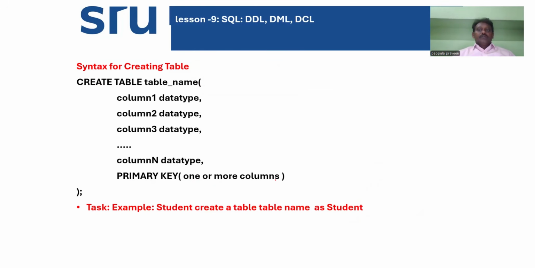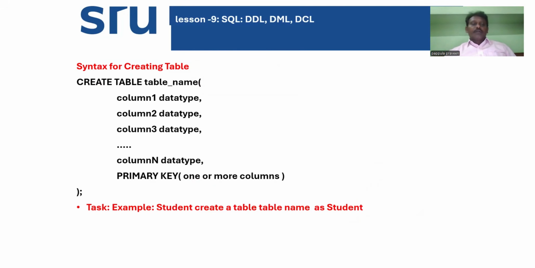Now the table is a student, or employee, or account, or bank, or person. Simple. The table is nothing but an entity. In the last video, we discussed the entity relational model. In the same way here also, the table is the entity which contains rows and columns.